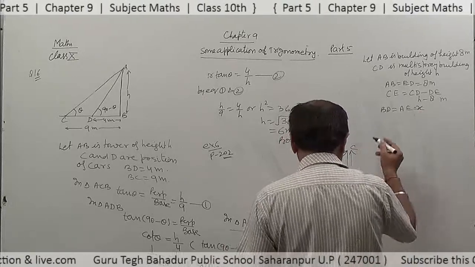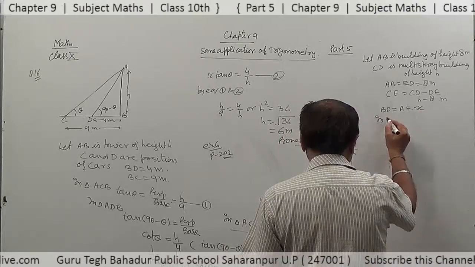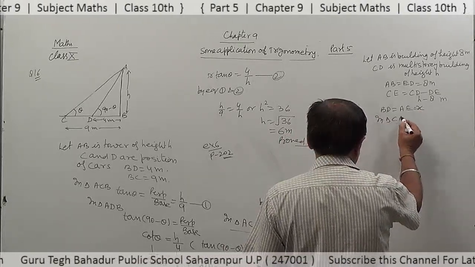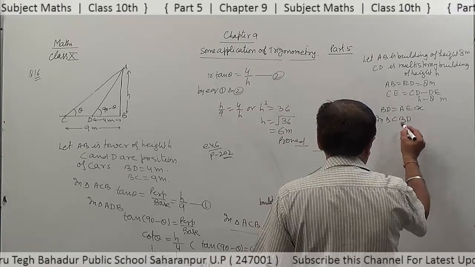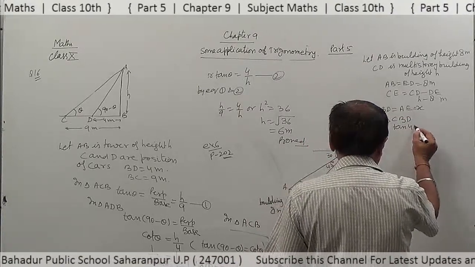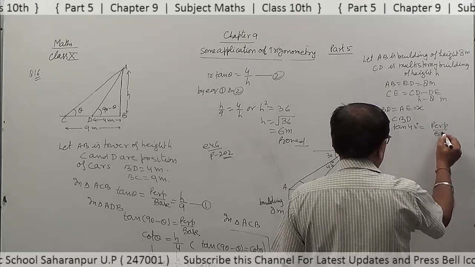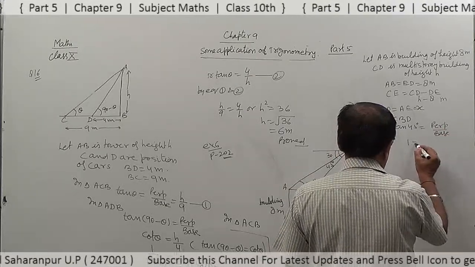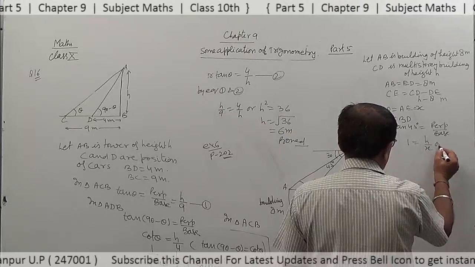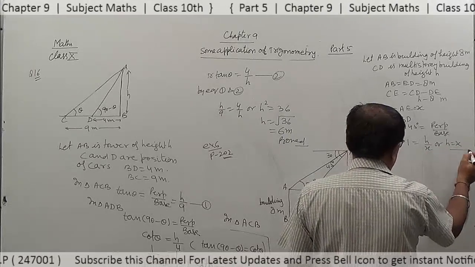In triangle CBD, tan 45 is perpendicular upon base, 1 is equal to h upon x, or h is equal to x.